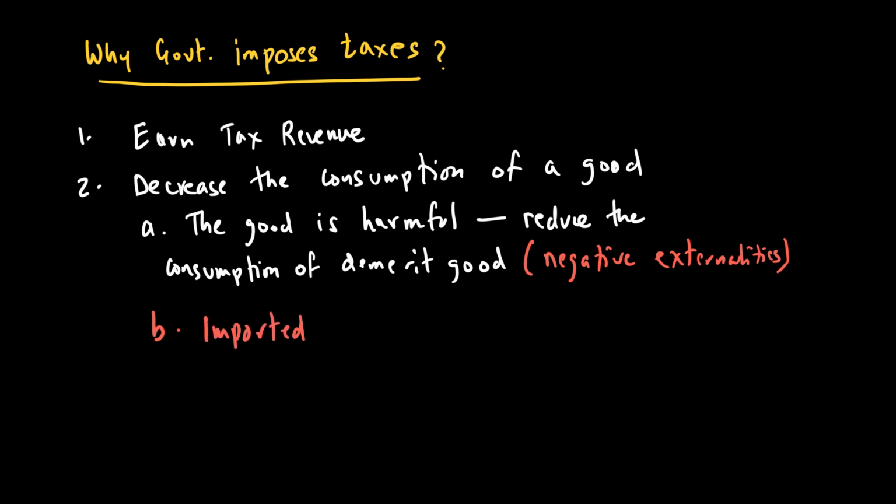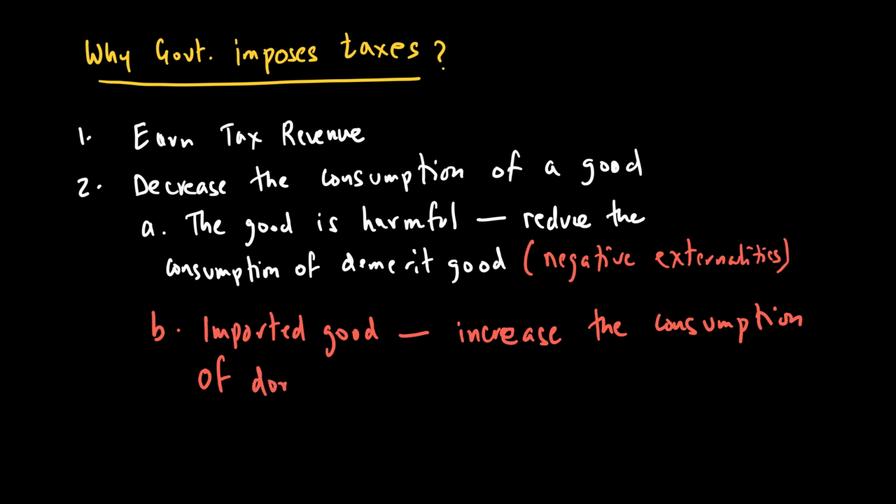Now this imported good may not be harmful, but the fact that we are putting, let's say, a tax, which is sometimes called a tariff, on this good is because we want to reduce the consumption of foreign goods and increase the consumption of domestic goods.